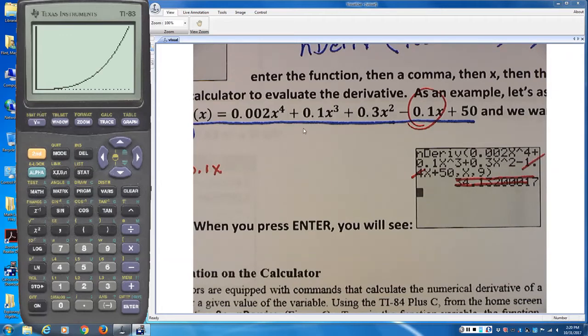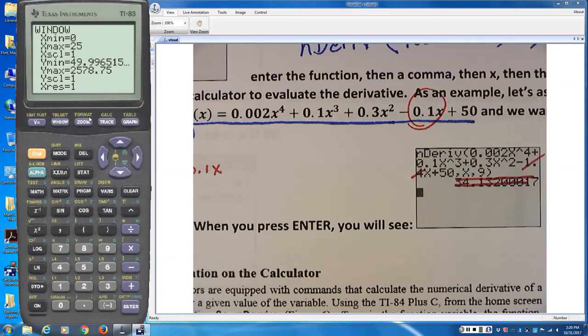So even though I know that's a 4th power function, this is the part of the graph I need to see, and as long as the number 9 is between x min and x max, I'm going to be okay because I need to be able to see it for the calculator to be able to calculate with it.